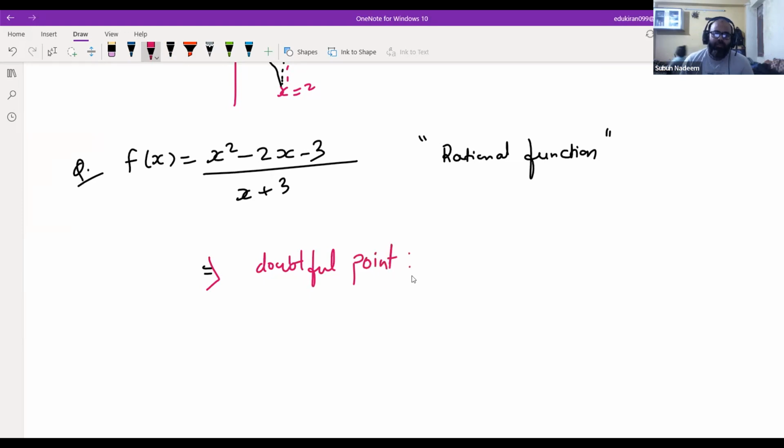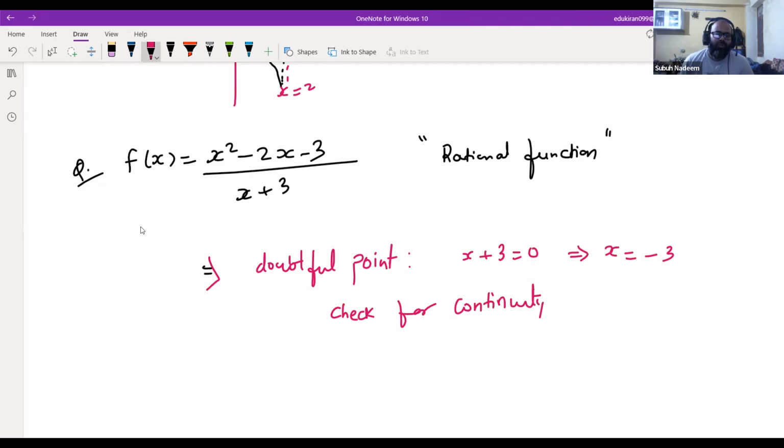Can you tell me which point of x is the doubtful point? Where the denominator becomes 0. That is, x plus 3 becomes 0, that is x is equal to minus 3. There we need to check for continuity. Because for other points, it is continuous, no issue, because it is a normal rational function.